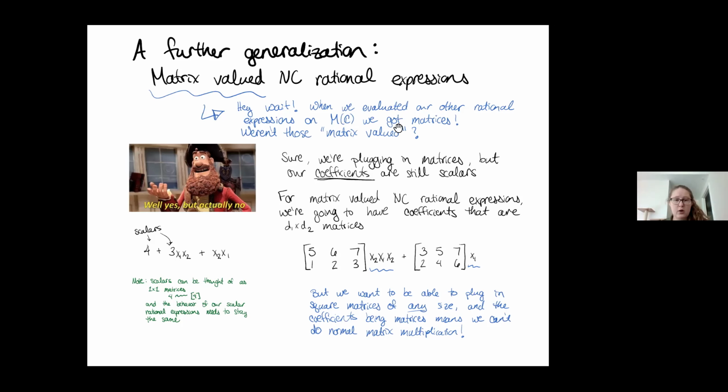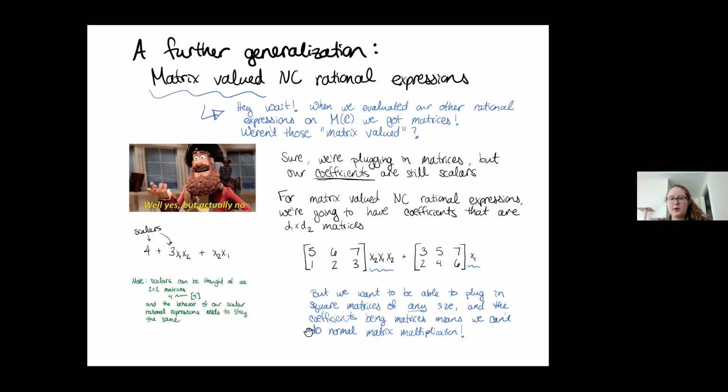When we wrote down our NC polynomials before, our coefficients were still scalars, so this looked very scalary. But I want to be able to have matrix coefficients here. This is definitely more matrixy than this. So when we say matrix valued NC rational expressions, I'm going to say my coefficients of my polynomials at least need to be matrices.